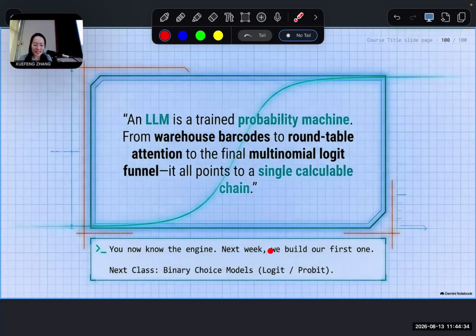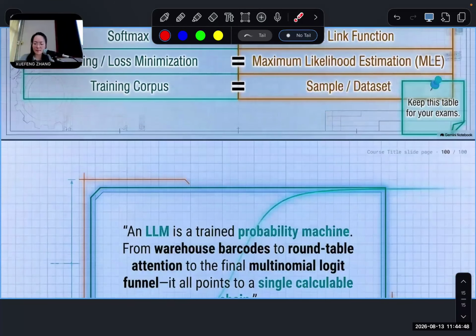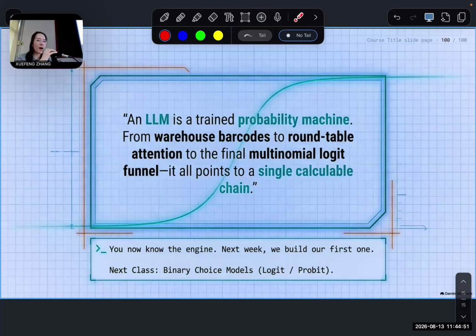After the midterm exam, we're going to learn our first one, which is the binary choice model. So this is the share for today. I want you to have a very simple logic about the logic of AI. It's not magic, okay? It's just about probability. To be honest, I've never used any binary choice model, any qualitative model, because first of all, it's very difficult to get the data.